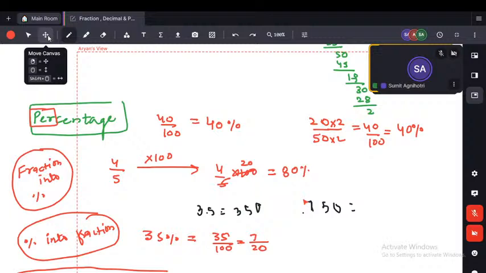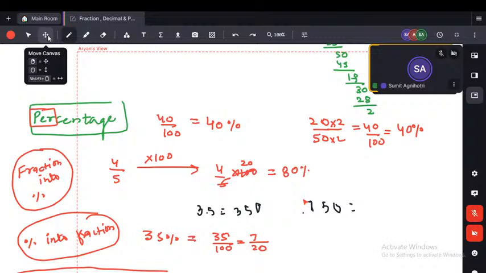That is equivalent to 2 ones are 2, then 2 sixes are 12, and 16.6666, it keeps on, you can directly write it like this.